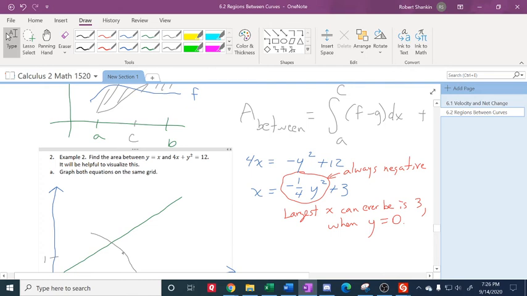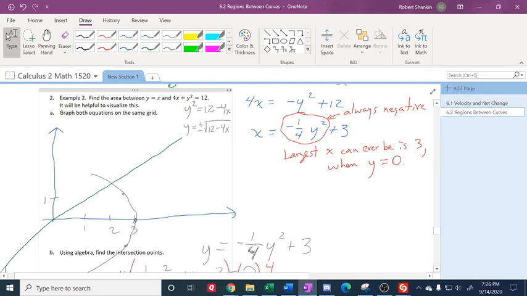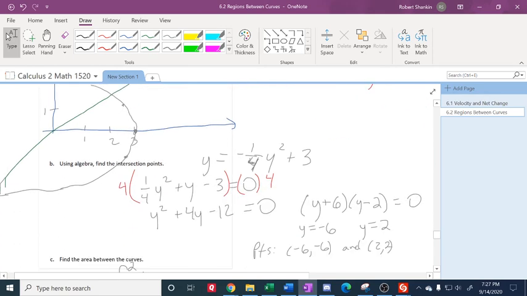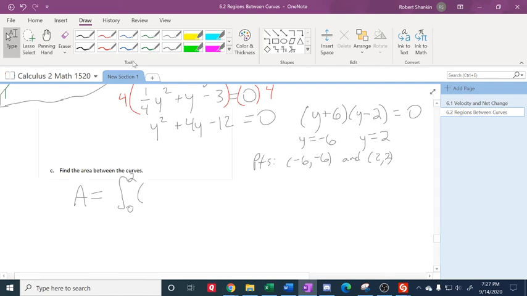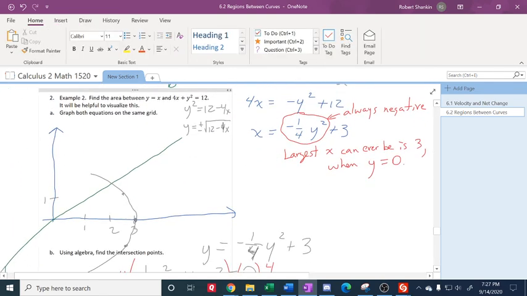Yes, and then you would subtract the other equation, and then you would take it in terms of dy. So that would be y squared is equal to 12 minus 4x. So y is equal to plus or minus the square root of 12 minus 4x. And, all right. So we'd take one of those and we'd put it in over here and then subtract the other one, which would be the x over here.